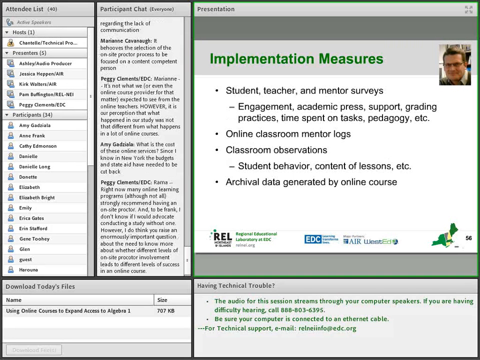In terms of our implementation measures, we had surveys for students, teachers, and the mentors. We also had weekly logs that the mentors completed describing their activities. We had observations of the classroom teachers as well as the computer labs where the mentors were. And we have a rich set of archival data that's generated by the online course.